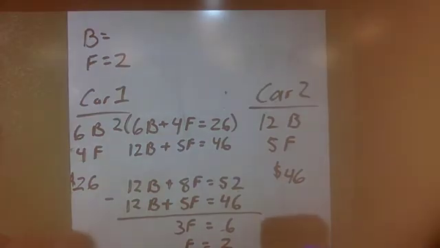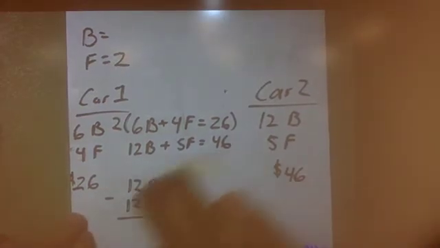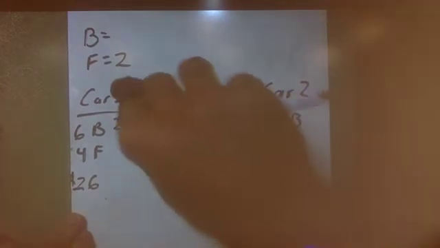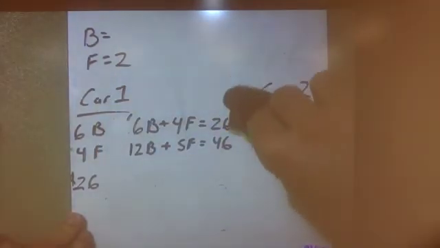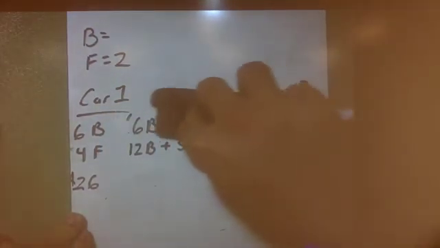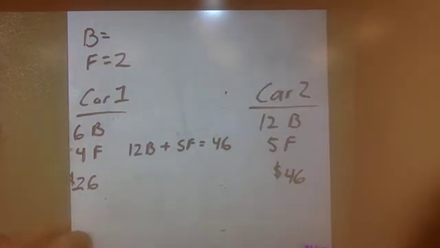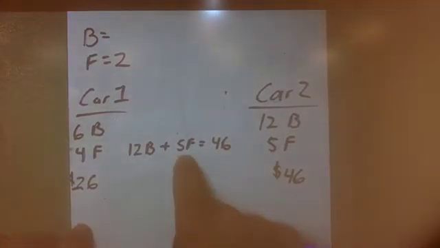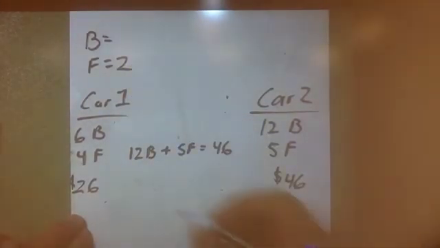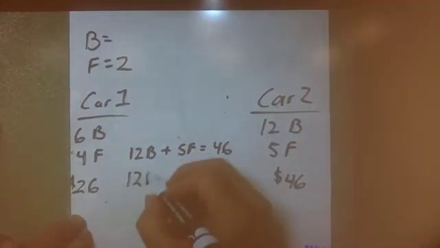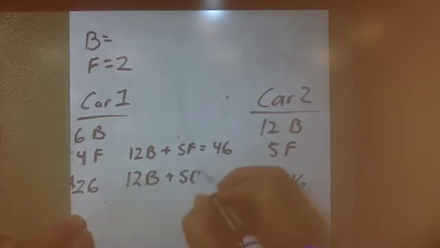Now we start over with one of our equations, one of our orders here. And let's just go car 2, since it's on the bottom, easier for me to work with. So car 2, they bought 5 fries at $2 each, so that must be $10, right? 5 times 2.